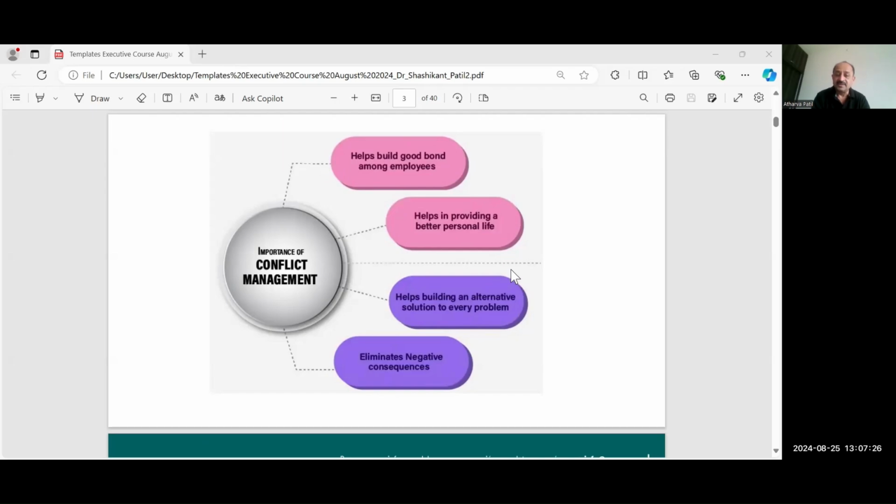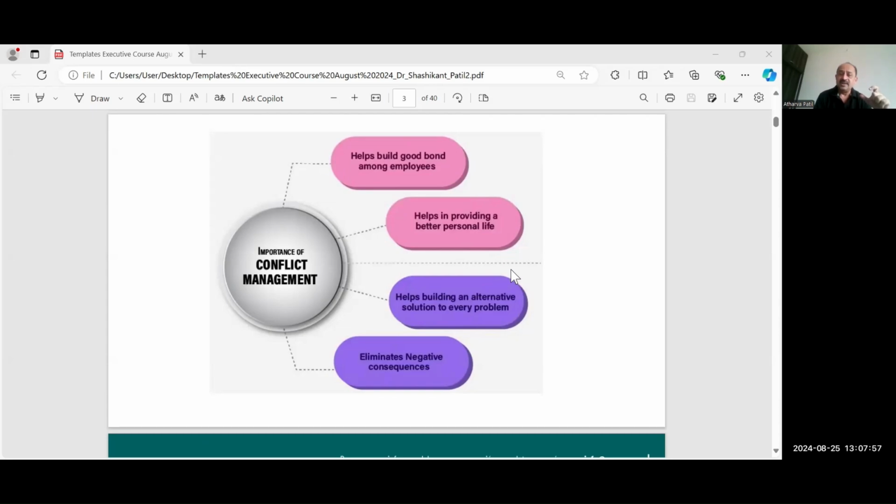It helps in providing a better personal life along with your professional day-to-day activities. So it enriches the bond with the organization, and it helps provide a better personal as well as professional life. It also helps build an alternative solution to every problem. There are many day-to-day problems, many chronic problems, many problems that don't have solutions.